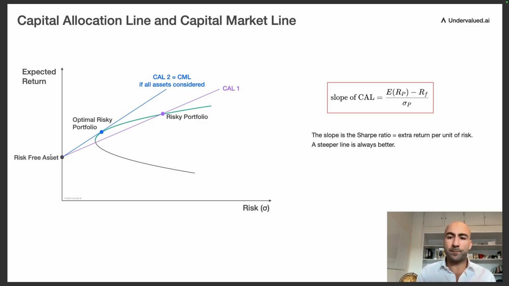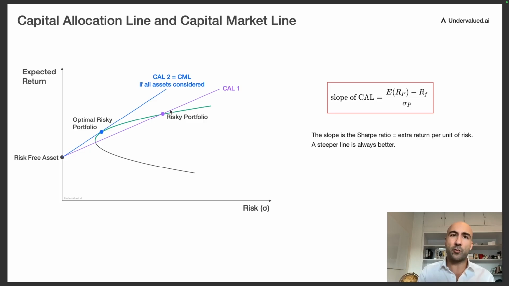And the idea is that you can form any combination of that risk-free asset with a risky portfolio on the efficient frontier. All those portfolios here are efficient risky portfolios, and the capital allocation line is just one type of line.